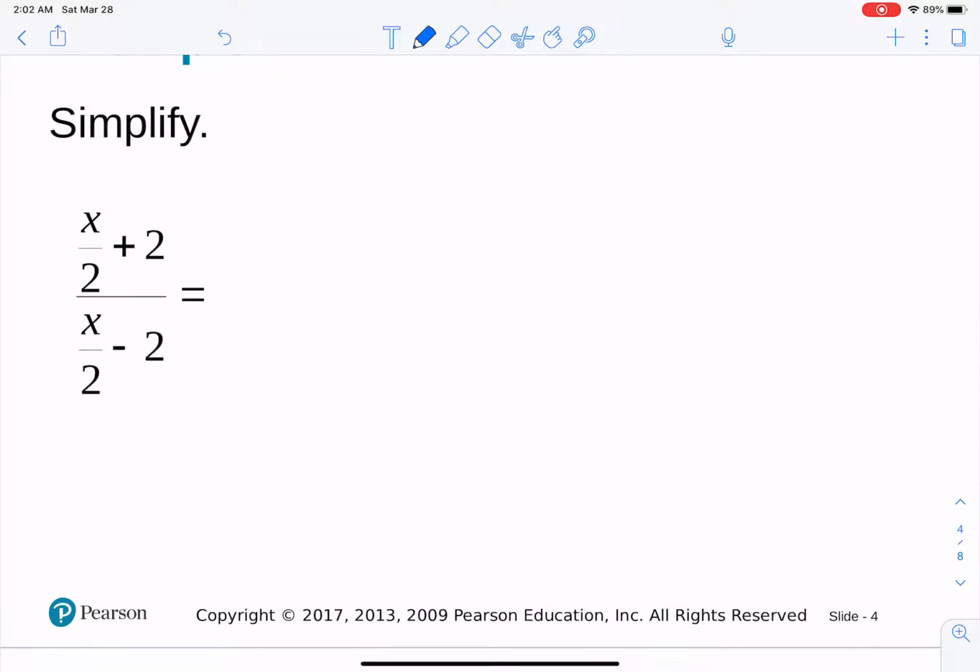We look at the numerator first, which is x plus 2 over 2 plus 2, and we would want a common denominator. The denominator there is 1. There is nothing in common between 2 and 1, so the LCD is simply 2 times 1.